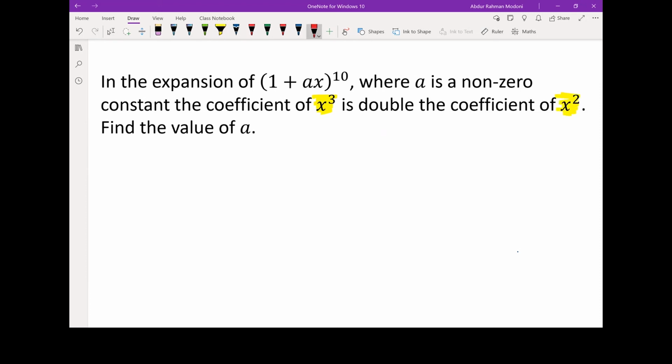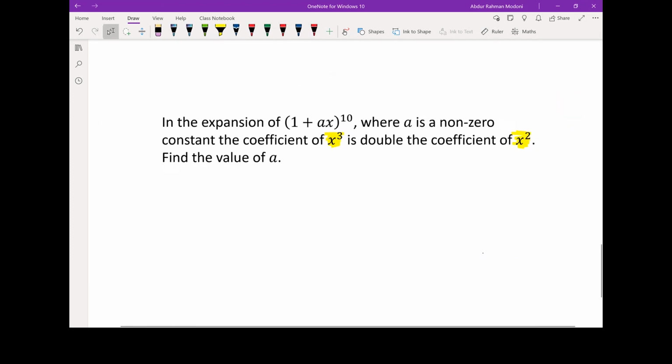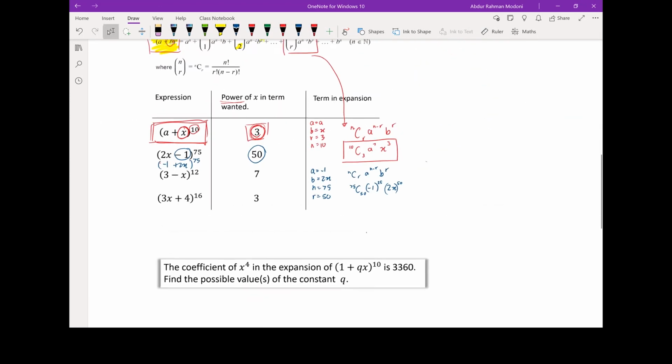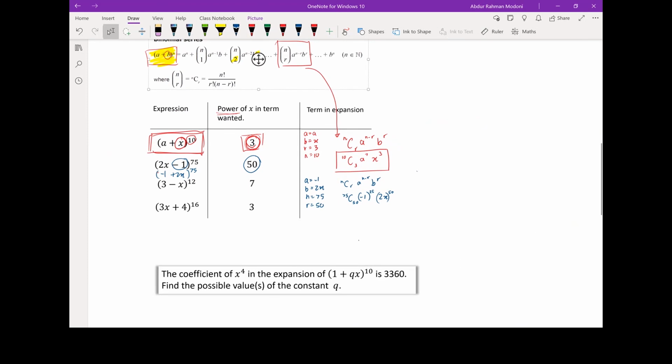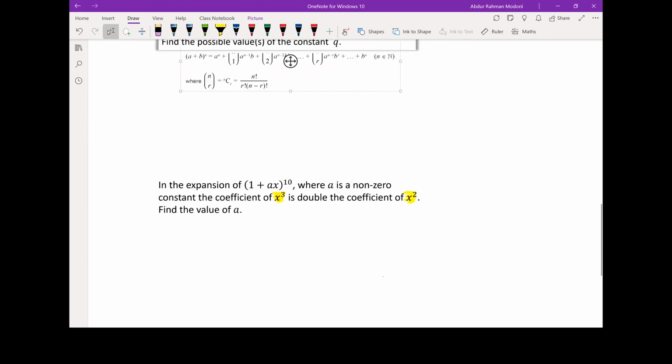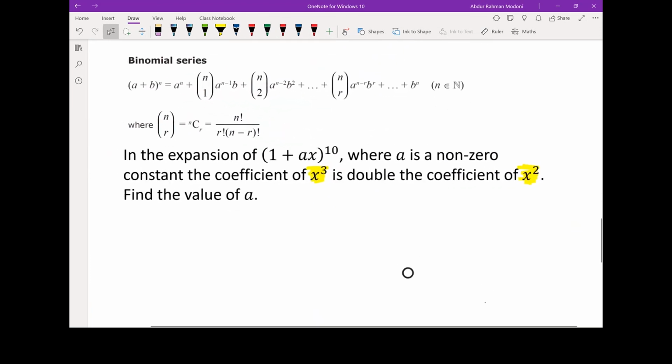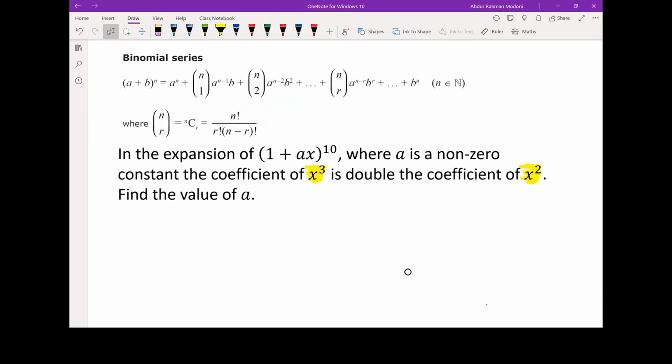Okay, so if it wants us to do that, we would go and start by looking at our formula here. Let's bring that down. Have our formula book turned to the correct place. So we're simply focusing on the x cubed term and the x squared term.